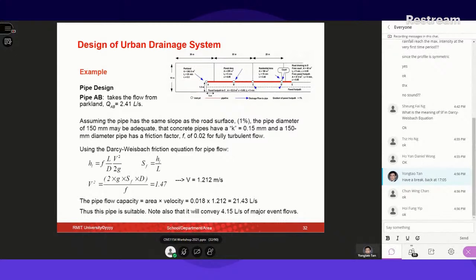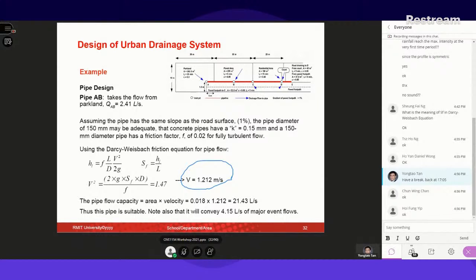So we can get the velocity here. S is the slope, 1%, D is the diameter, and f is the friction factor, 0.02. So finally we can get the velocity in the pipe AB: 1.212 meters per second.